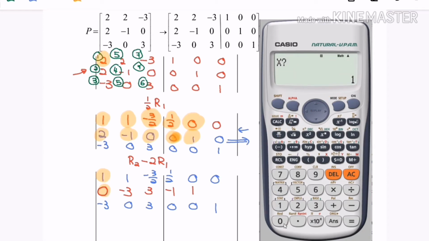Your R2 equals 0 and your R1 also equals 0. So my answer will be equal to 0. That is the step of using the calculator to help us find the answer for row 2.